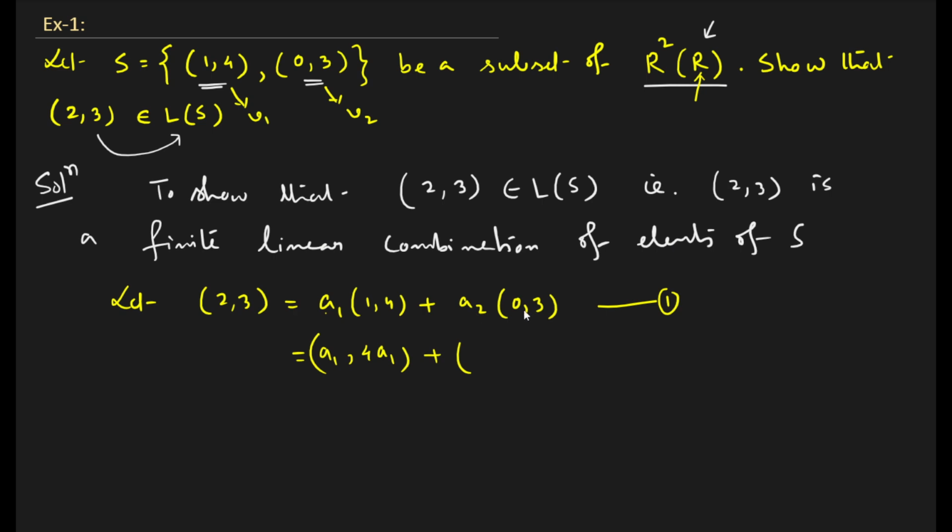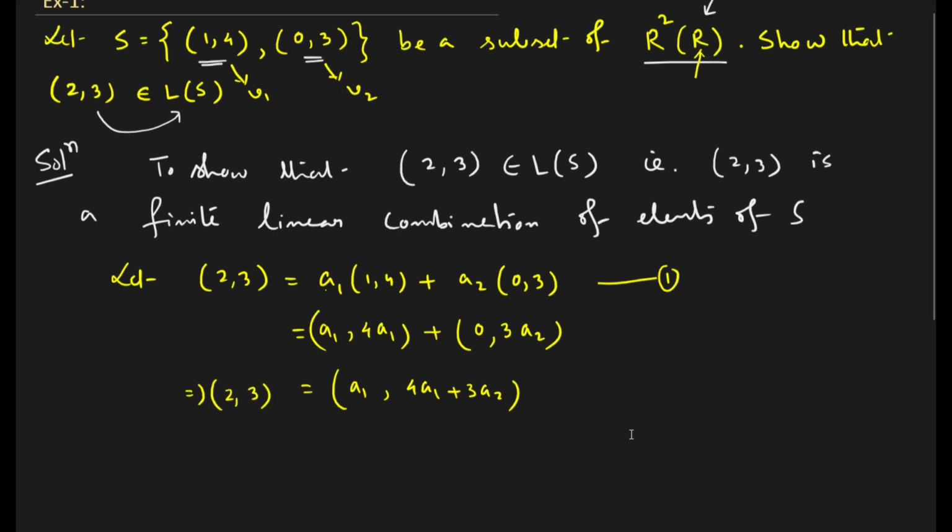Then a2 into (0,3) is (0, 3a2). Now if we combine them, first element is a1 plus 0, which is a1, and then 4a1 plus 3a2. Okay, so our left hand side is (2,3).